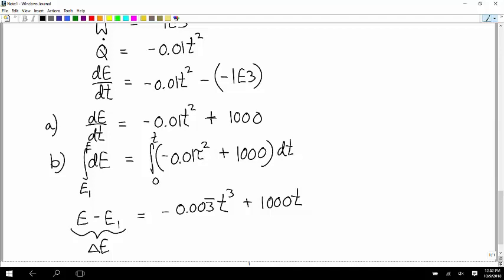Or if you happen to be given the starting energy, then you could just add that on. But in order to integrate over boundary conditions like that, you need to know the values at the bounds of integration. Any other questions about that one?